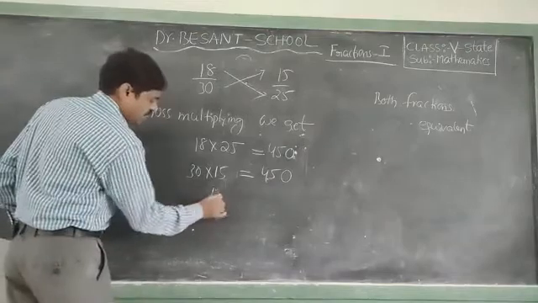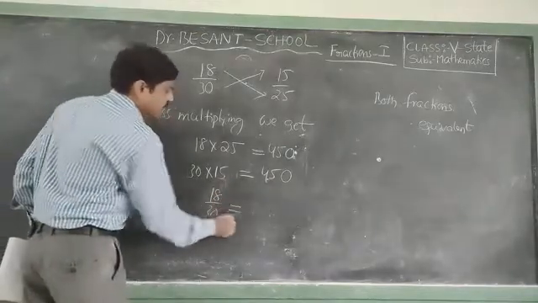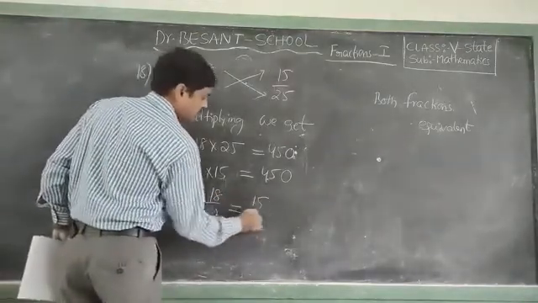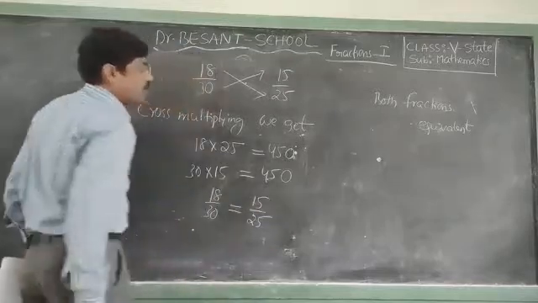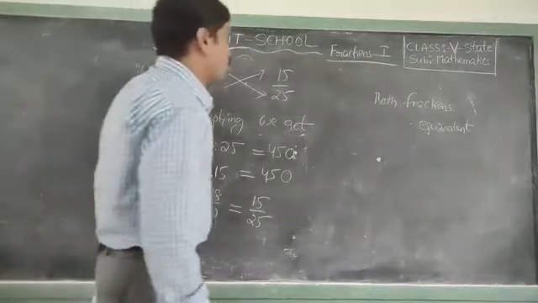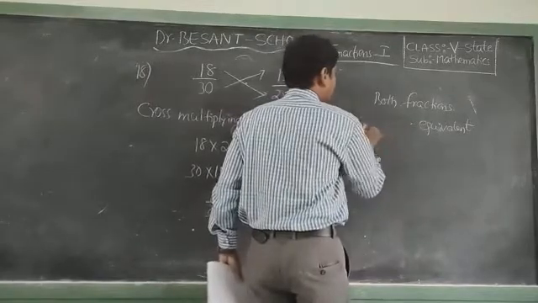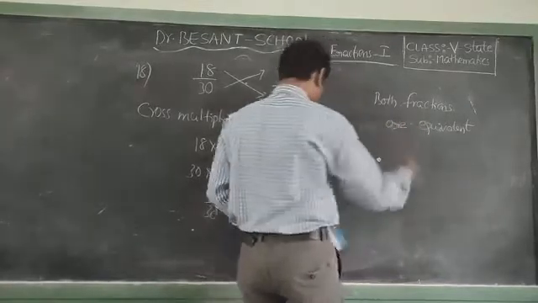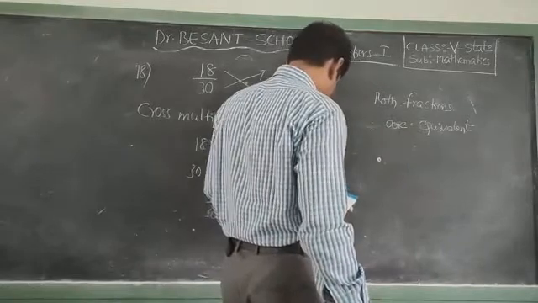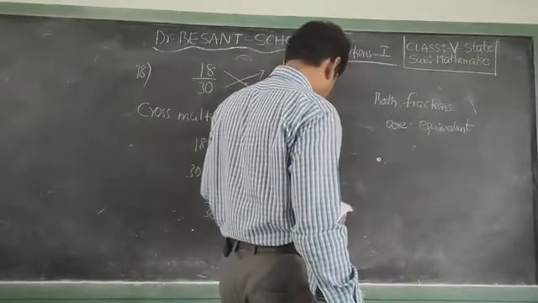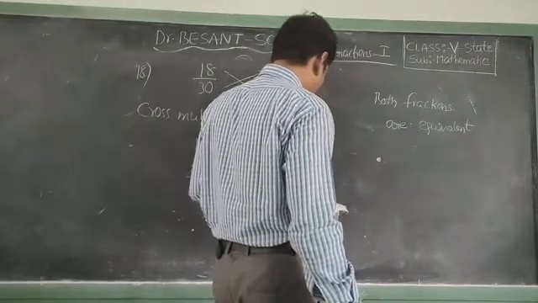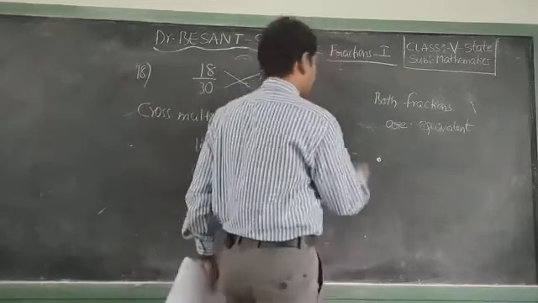Therefore, 18 by 30 is equal to 15 by 25. Both fractions are equivalent. That's why both painted equal parts.